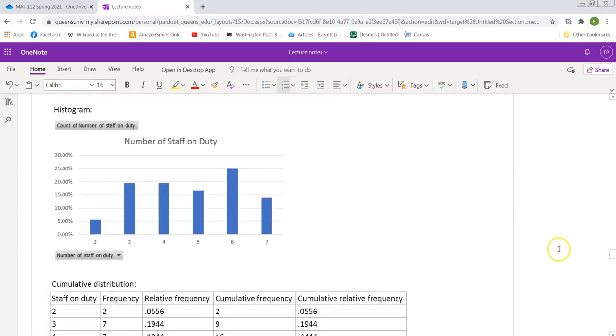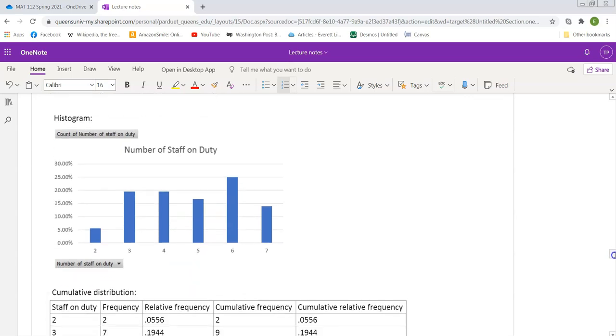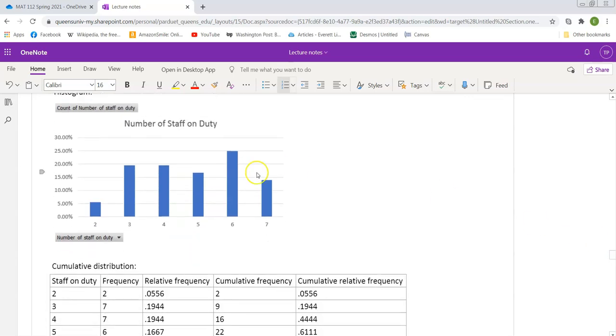Now, this is a bar chart, but when it's a bar chart of numeric data, they call it a histogram. All right, so it's a histogram because this variable here is quantitative. And I made this a histogram based on the relative frequencies.